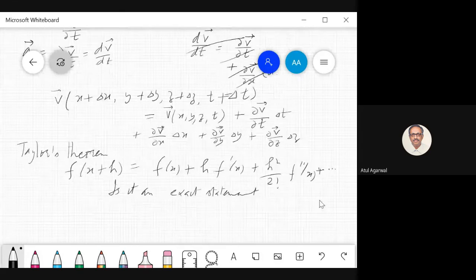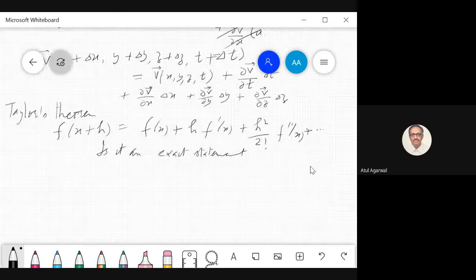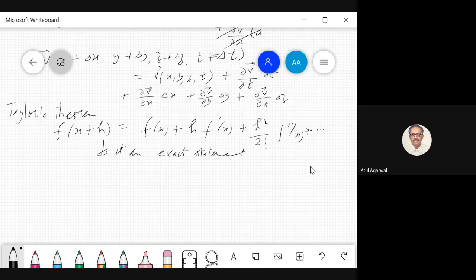So why do you use this Taylor's theorem? What is its application? Sir, complex polynomial can be solved by using this. So to approximate a function. Suppose you have a continuous function.